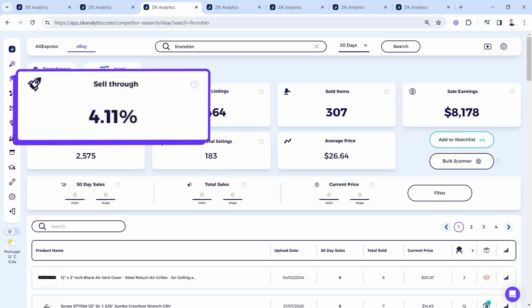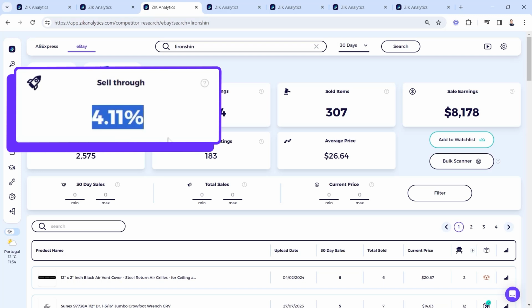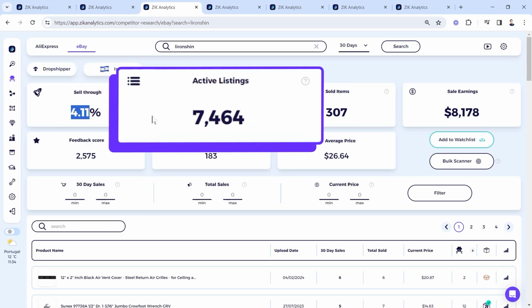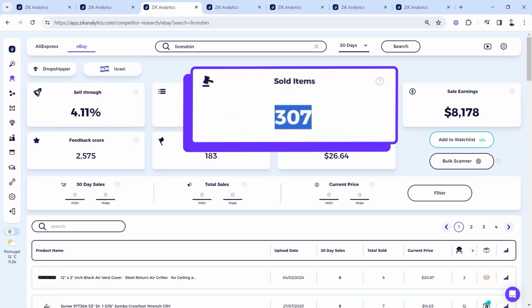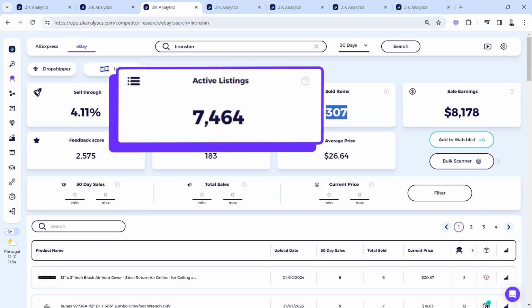Okay. Sell-through rate, again, is supporting our theory that this is a bulk seller. Bulk listing sellers upload with automations. A 4% sell-through rate is very low. The sell-through rate is a ratio of the sold items to the active listings. So 307 sold items is 4% of 7,464.